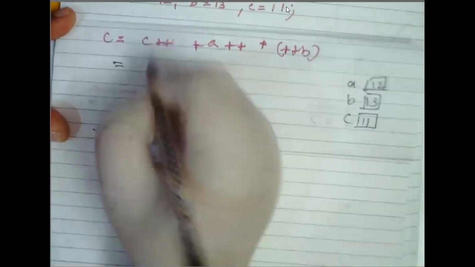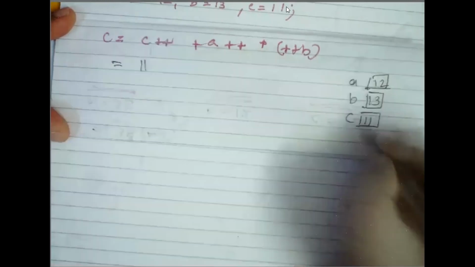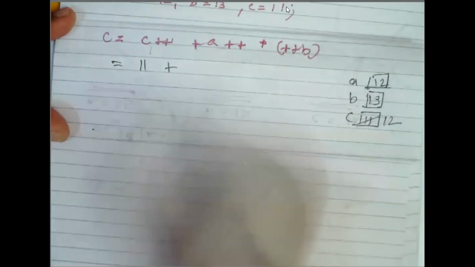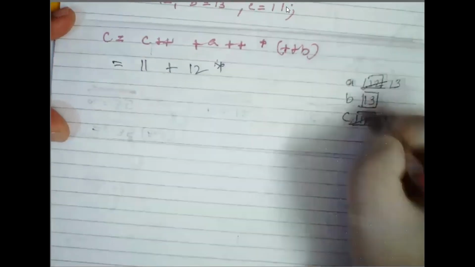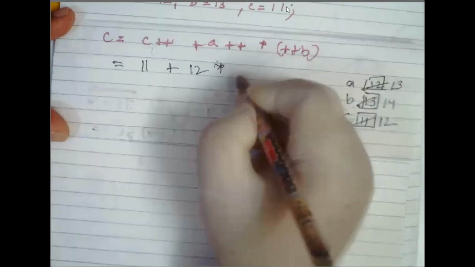C++ is a case of post increment, so it will first be used, then it will change to 12. Plus A++, again a case of post increment, so it will be used first as 12, then it will become 13, multiplied by ++B. It's a case of pre-increment, so first it will be increased, then used.